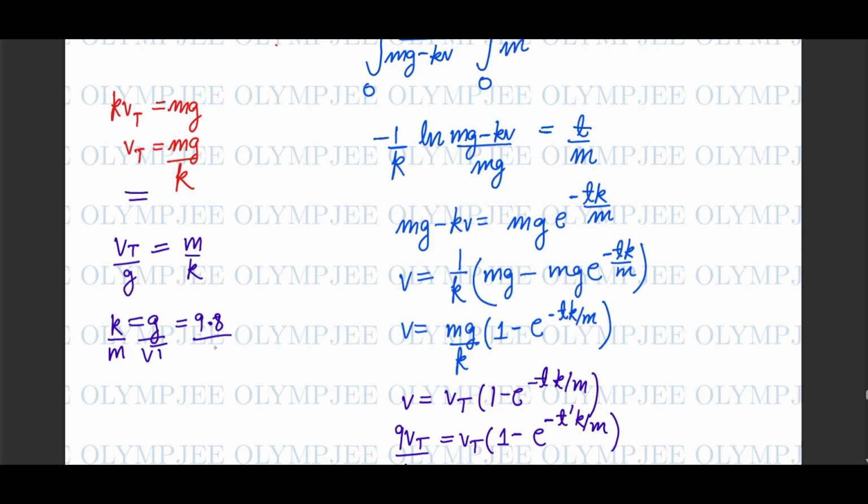This will be 5 into 10 raised to power minus 2, which will give us k by m as 196 second inverse.